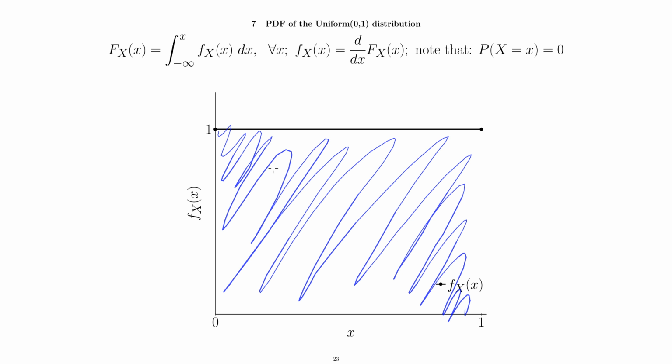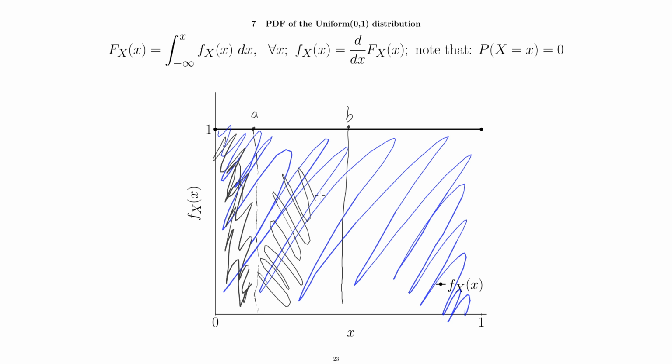When we add all of this up, at each point that we come to, the area in here, if this is A and this is B, big F of A had better be equal to this area, and it is, and big F of B will be equal to both of these areas combined.